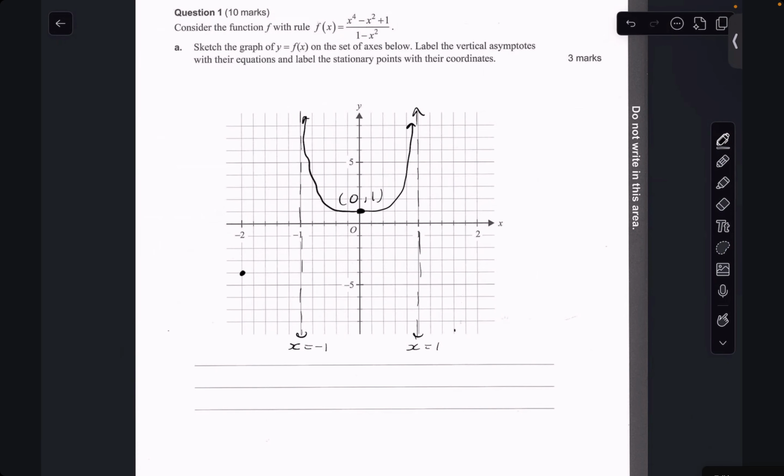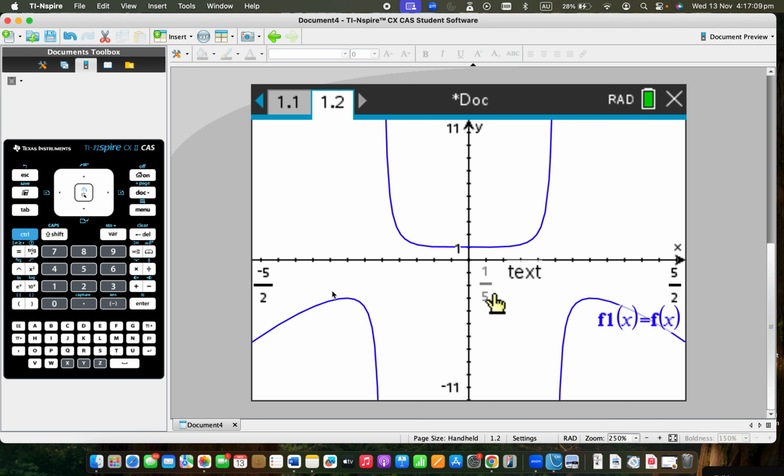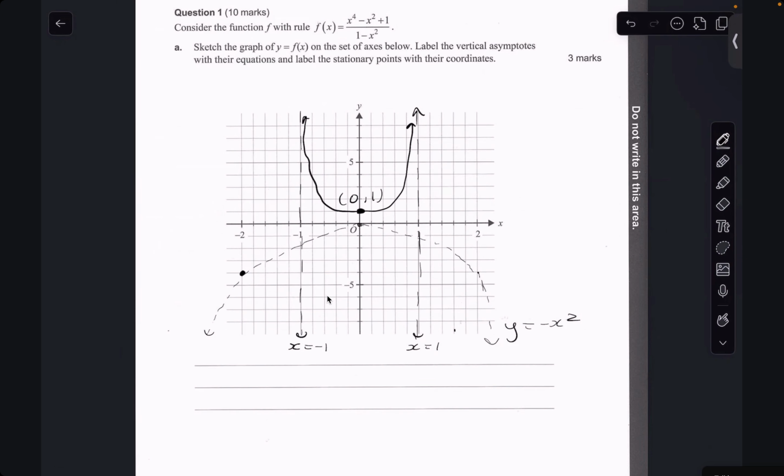So it'll be like there, and then there. So it'll be like that, and then -2 and -4 here. So that's your other asymptote, and then you've basically got this.